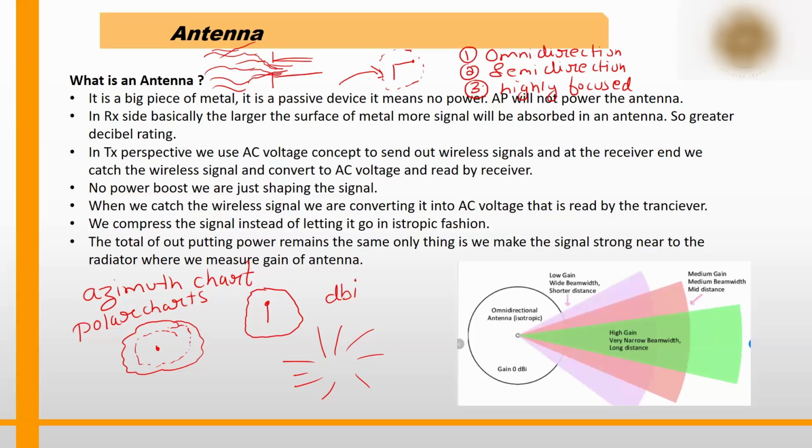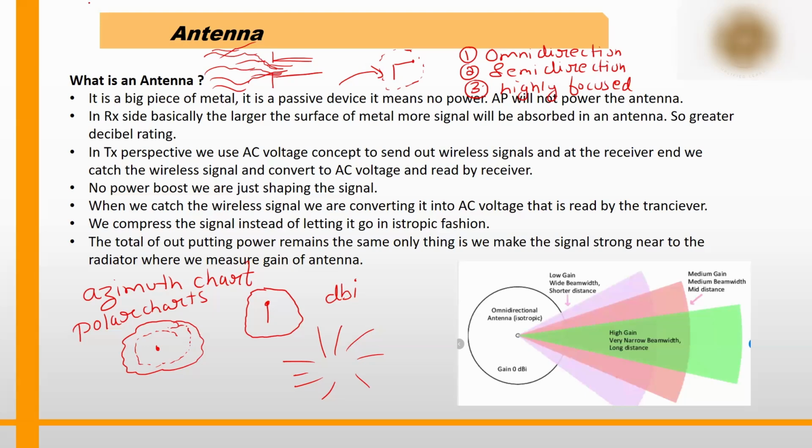Similarly, the power that goes out of the antenna has to go in a radial fashion. Instead of going in radial fashion, you are concentrating the power at some particular space. That is why it has a passive gain. We are not providing any external factor which can increase the power.